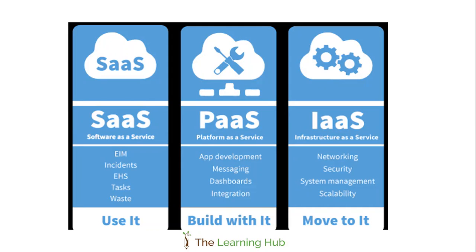That's why it says build with it. Move to it means you don't have your own server, and you can't buy a server because a server is very expensive. So for that reason, you rent a server online, which is infrastructure as a service. Platform as a service is when you are developing something.